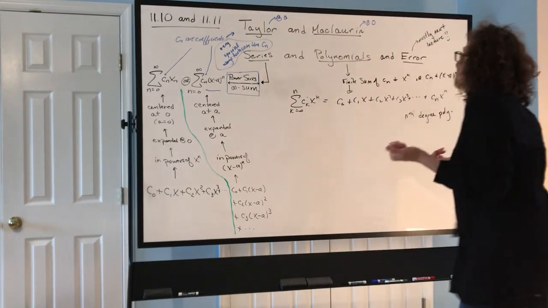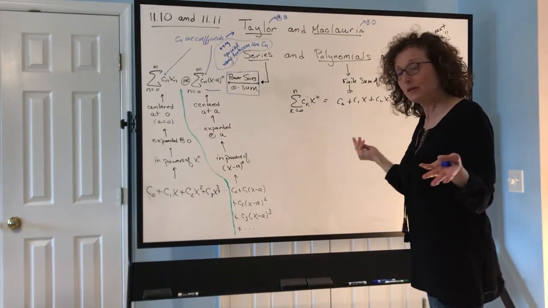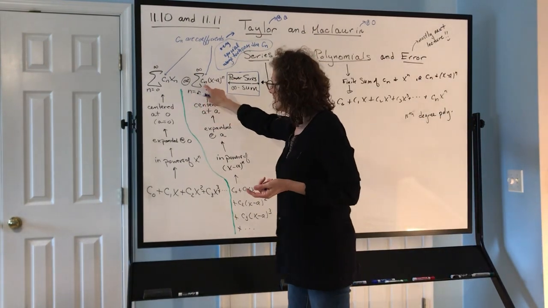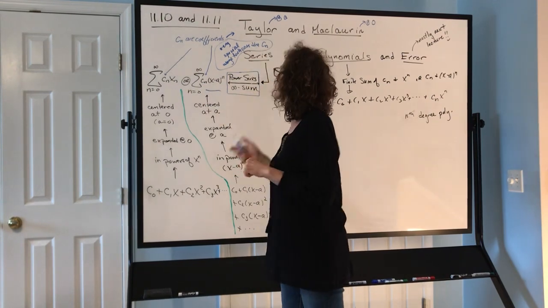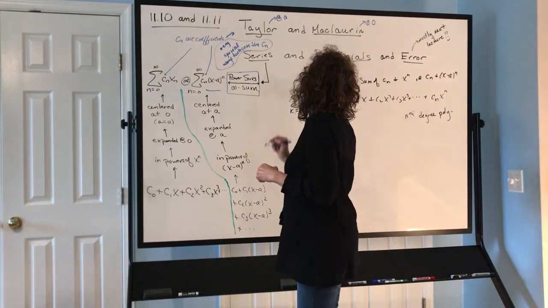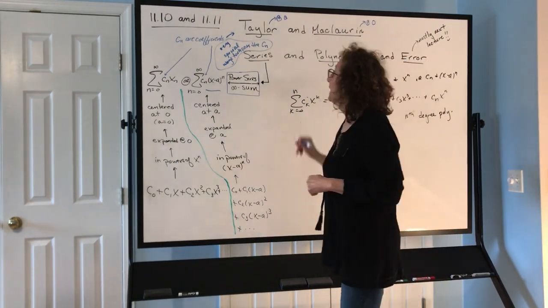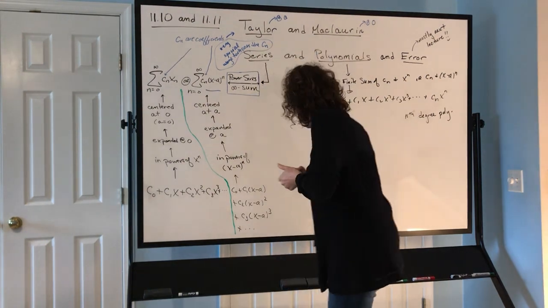And so we want to start creating some Taylor series and some Maclaurin series. We know what they look like, but the question is, what are they? What do we even mean by a Taylor series or a Maclaurin series for a function f of x, and how do we choose these coefficients? So that's kind of our deal.